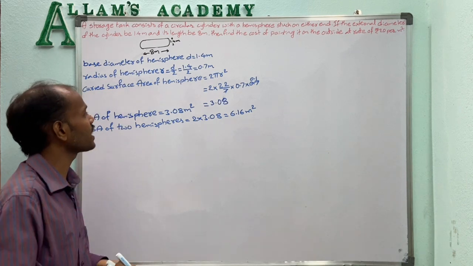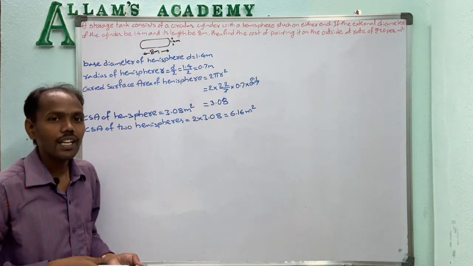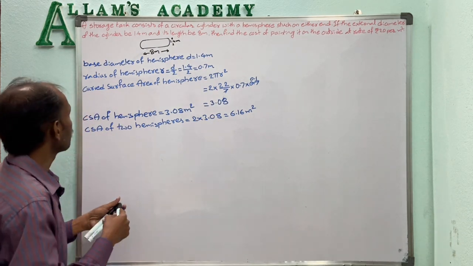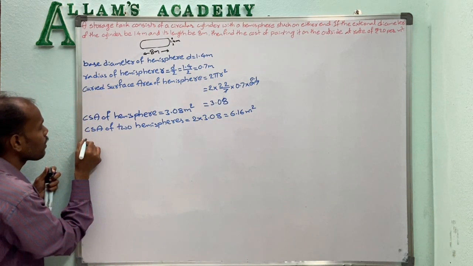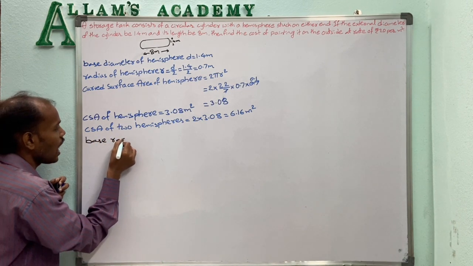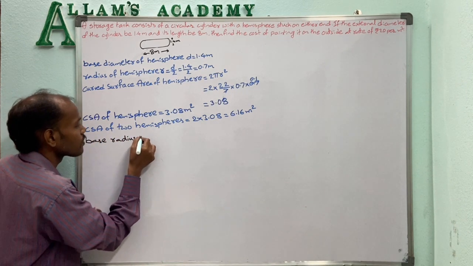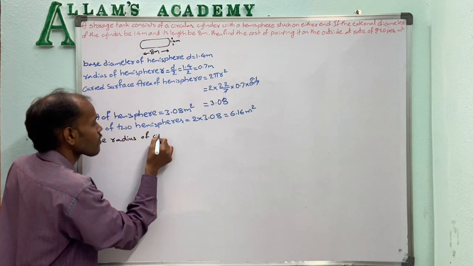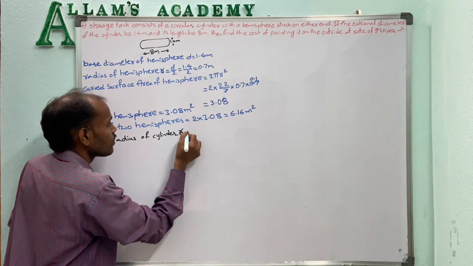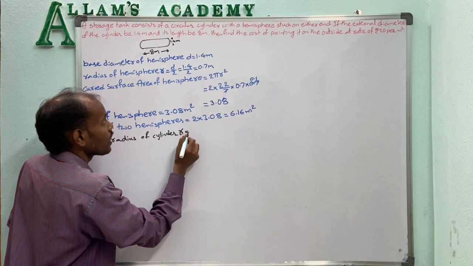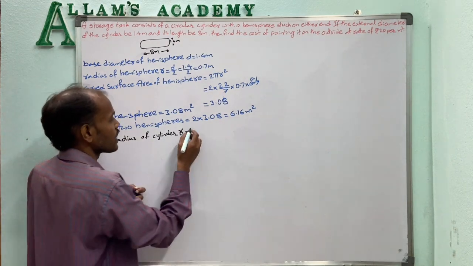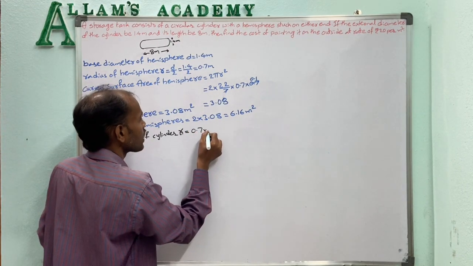Now we find the curved surface area of the cylindrical portion. First, writing the information: the base radius of the cylinder is nothing but the base radius of the hemisphere, that is 0.7 meters.